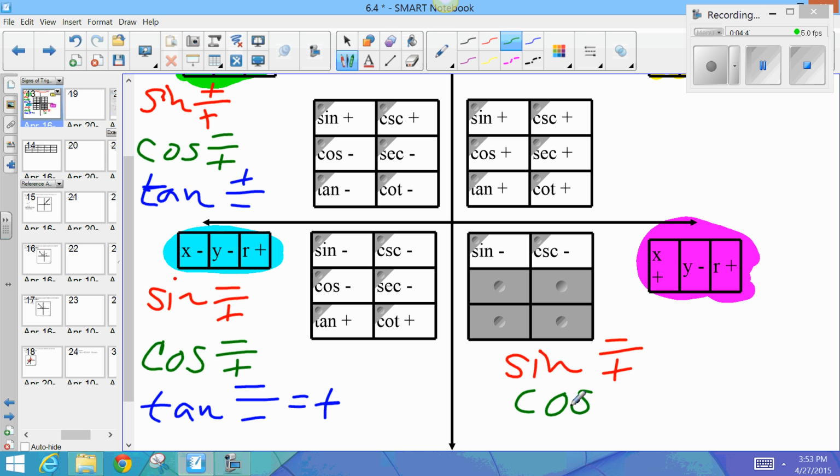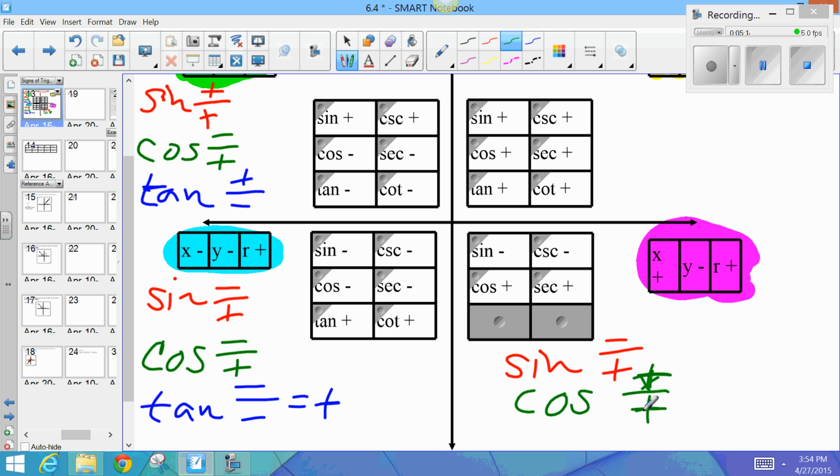Cosine is x over r, so that's going to be positive divided by... that's a negative, so cosine is negative in quad... Uh-oh, why did I put positive? What did I do to mess up here? Cosine is x over r. Oh, here I go, I see it. So cosine is positive, this is a positive divided by a positive.